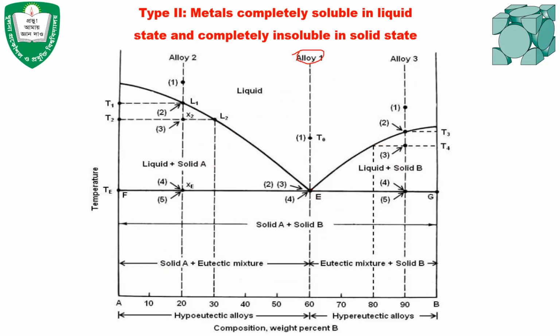That means at a certain composition between A and B, the solidification will occur at a constant temperature. Okay. And obviously in the solid, there will not be a mixture of solid A and solid B. That means if a crystal is formed, that crystal can only have either solid A or solid B.